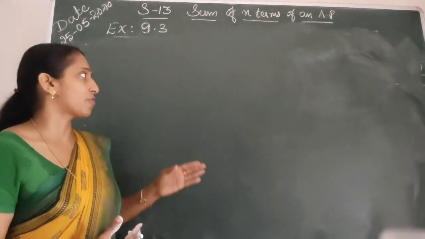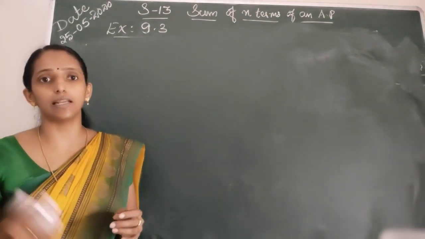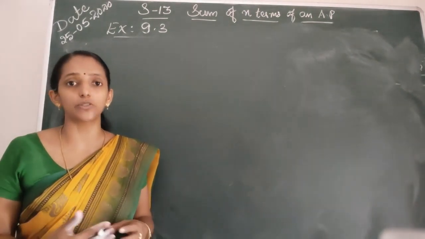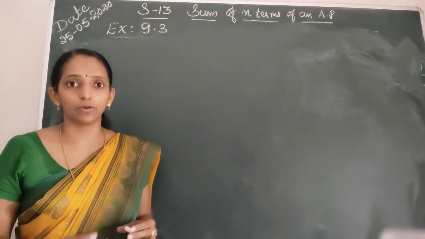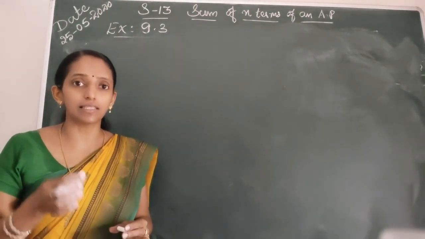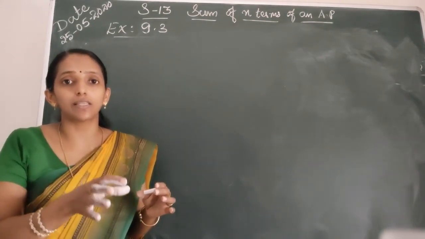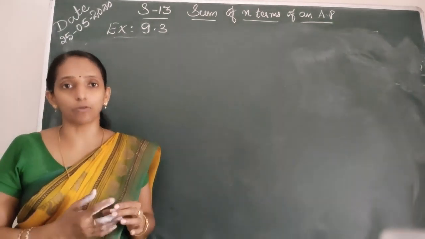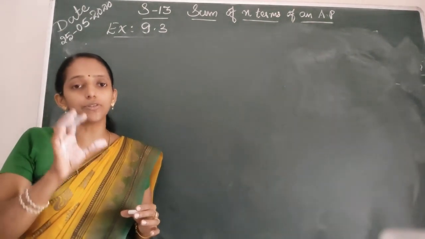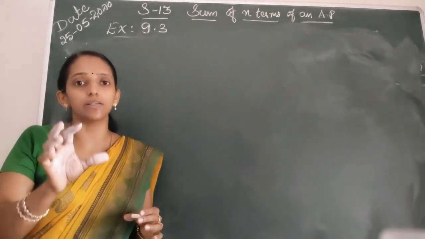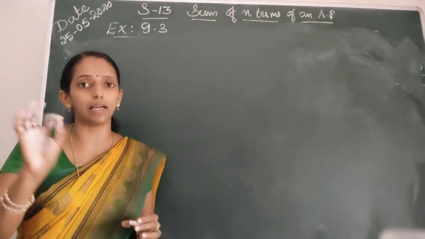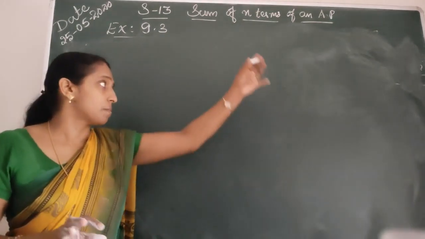And the sum of 2-digit numbers, 3-digit numbers which are multiples of some number, that is also easy. You just have to listen if it is given between 1000 to 8000, so you have to find the first term and the last term of the series by calculating.